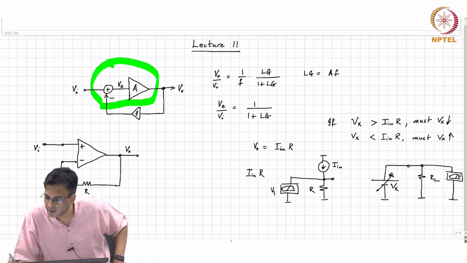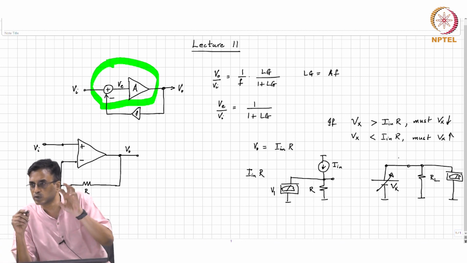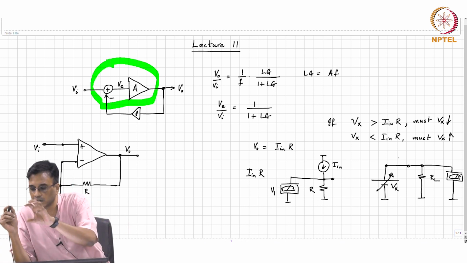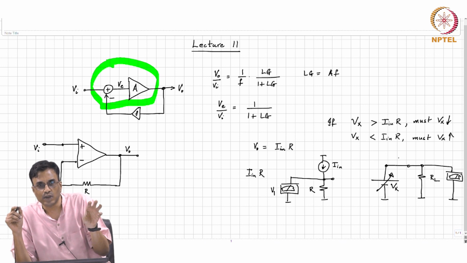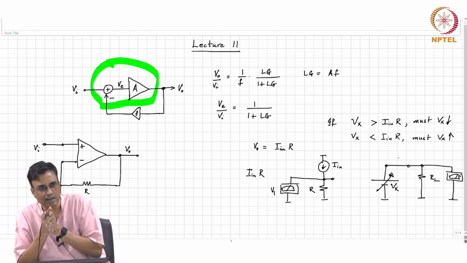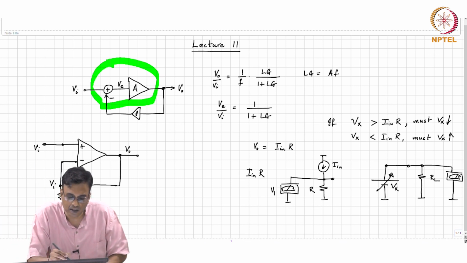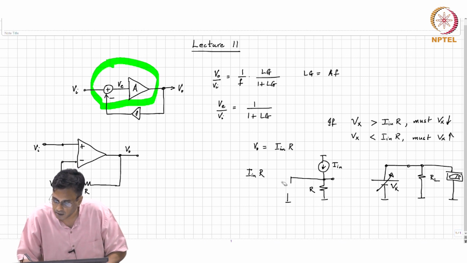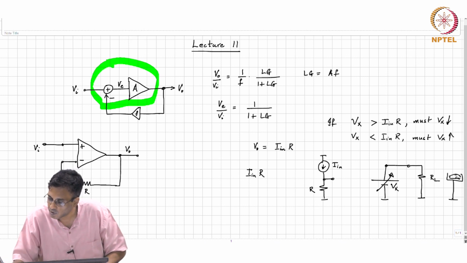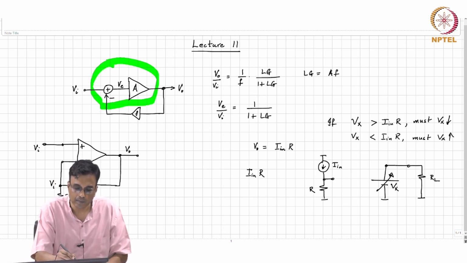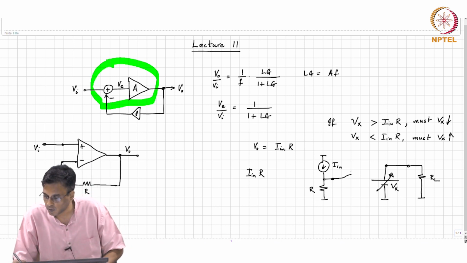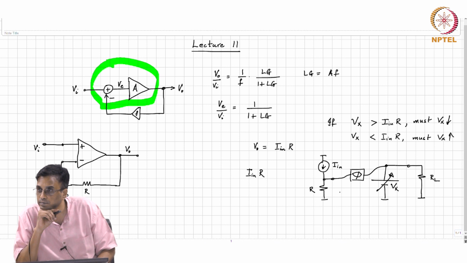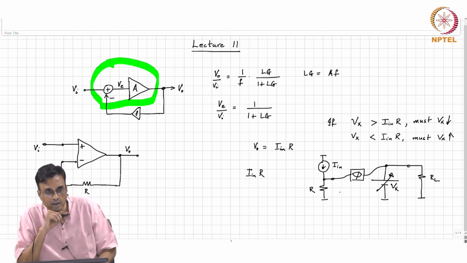We are not interested in the individual voltages Vx and V1. We are only interested in their difference. So then the next thing is to say, well, we don't really need that. We can just put a voltmeter between these two terminals. Does that make sense? Okay.